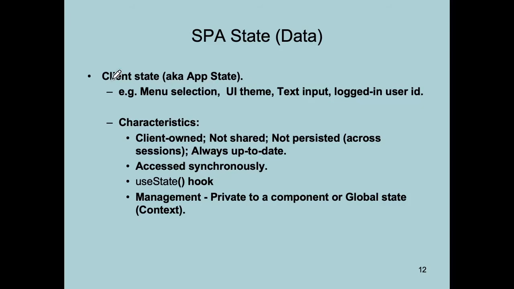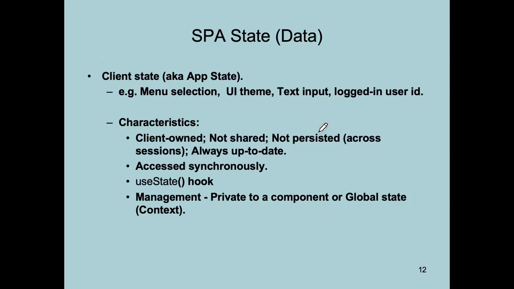So that's really what we mean by client state data. It's characterized, as I've already alluded to, in that it's client owned, it's private to each instance of your React app. It's not shared across different instances of the app.